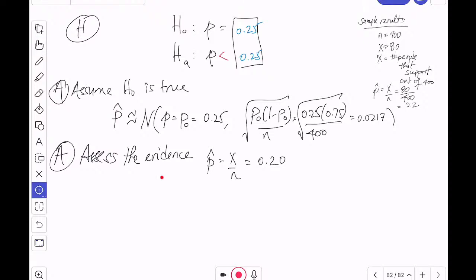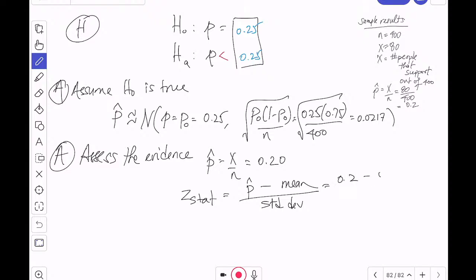Assess the evidence means we need to standardize this. So we get the Z statistic of taking the sample result and subtracting its mean and dividing its standard deviation, standardizing it into 0.2 minus the results above, 0.25 and 0.0217.